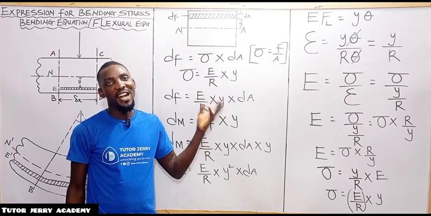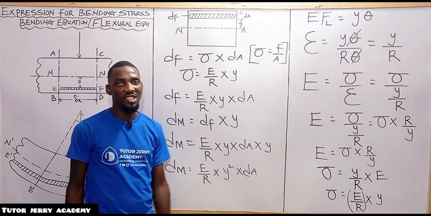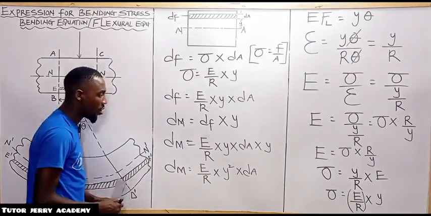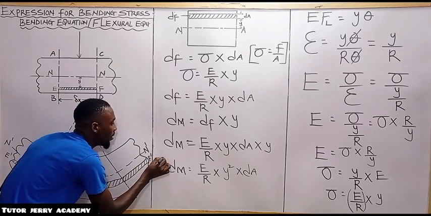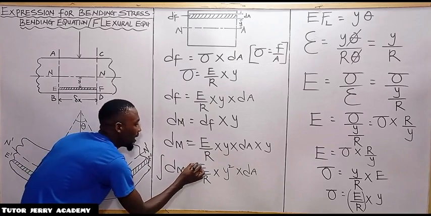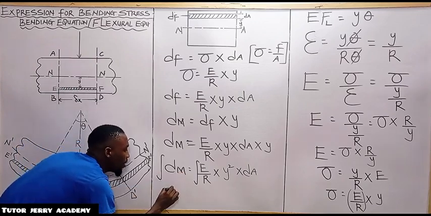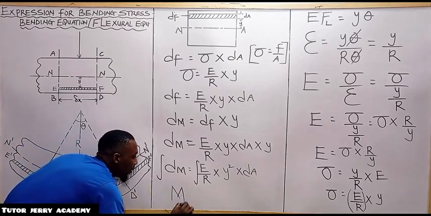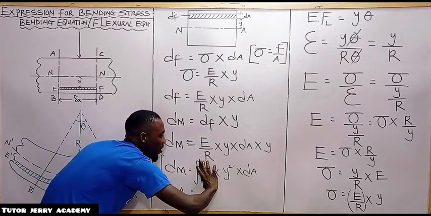All right. So the next thing now is for us to consider the total moment of this beam about the neutral axis. For us to do that, we are going to integrate this equation. So of course, if we integrate this equation, we are going to have this, and then we are going to have this. If you integrate the dm, you are going to get M, which is going to be equals to, we have established that E over R is constant.